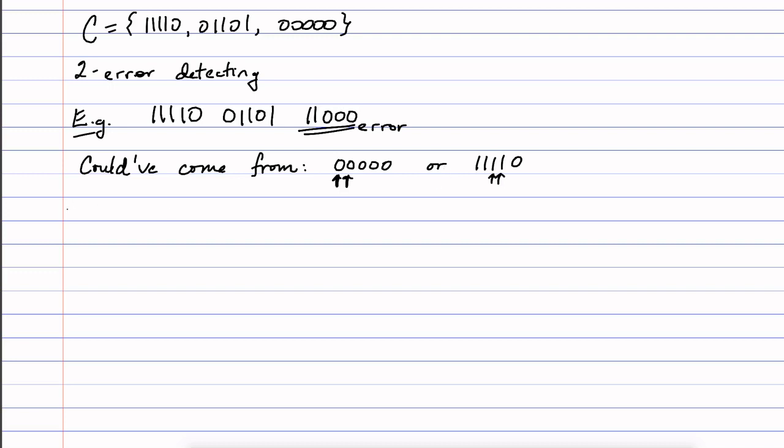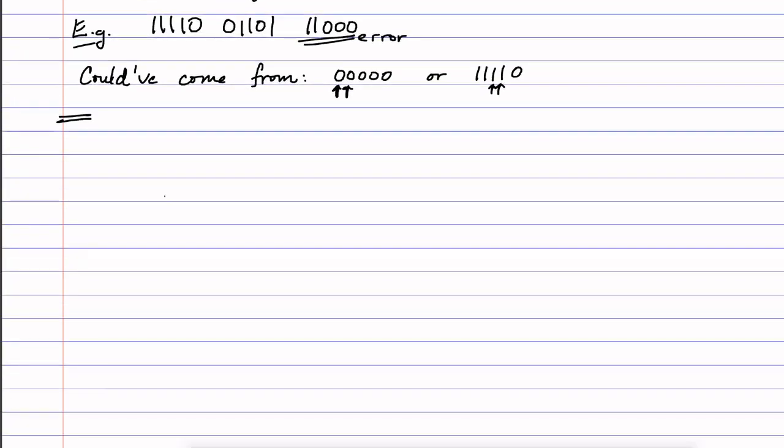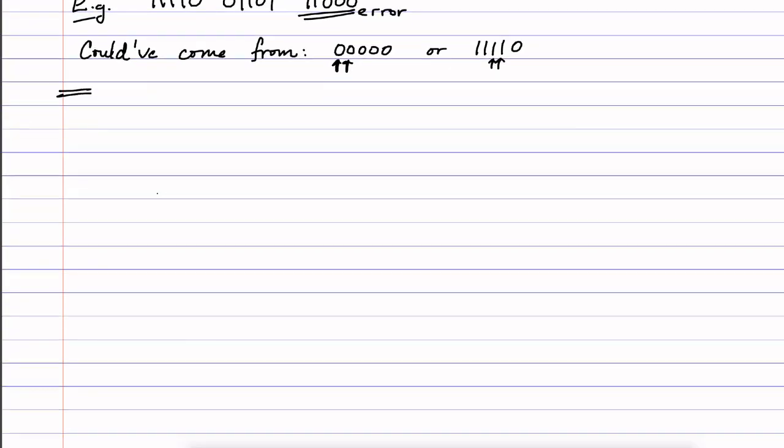So we can't correct the error when we're using this code. Okay, but now suppose that we were working on a slightly better channel, that there wasn't going to be so much chance of errors being introduced, and now there's at most one error per code word. Well, then what happens? What's going to be different?